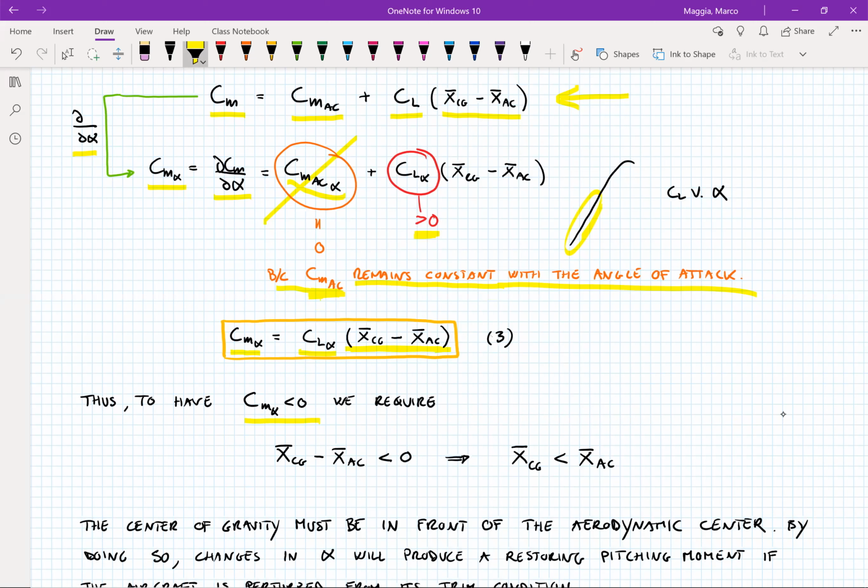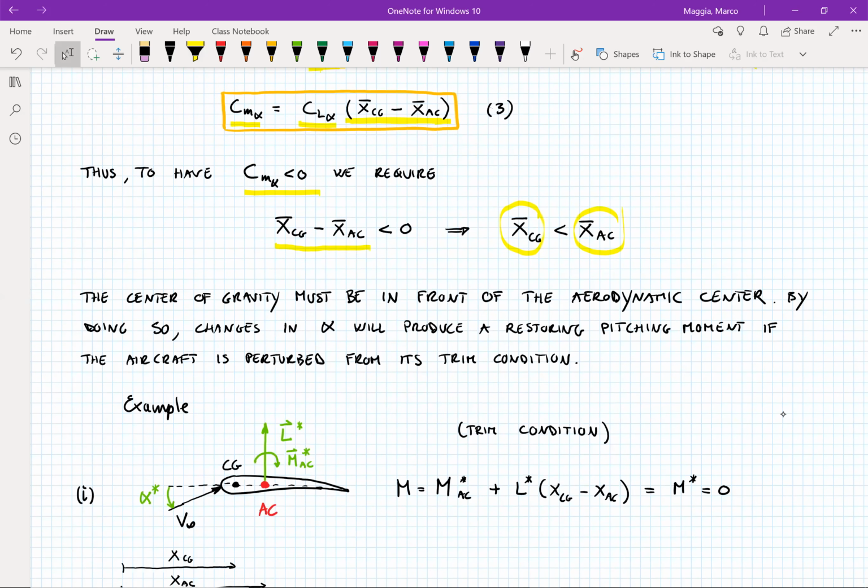So the only way for Cm alpha to be negative is that x_cg minus x_ac has to be less than 0. Or, in other words, the center of gravity of the aircraft must be in front, or towards the nose, with respect to the aerodynamic center.